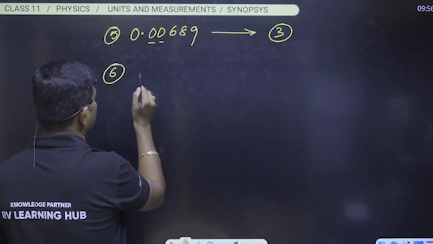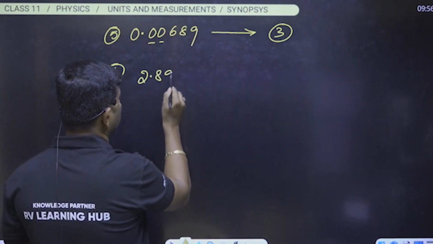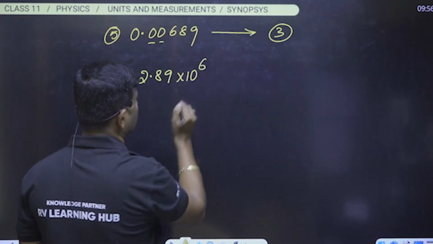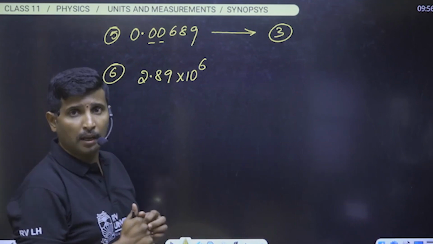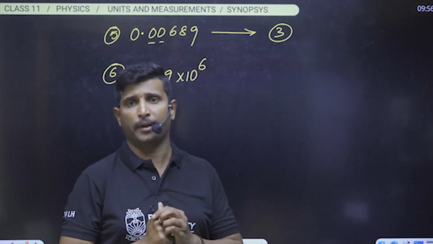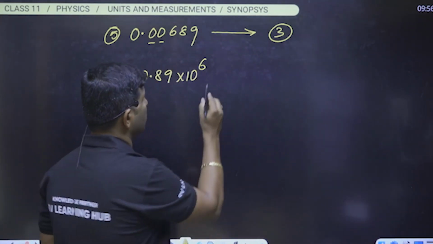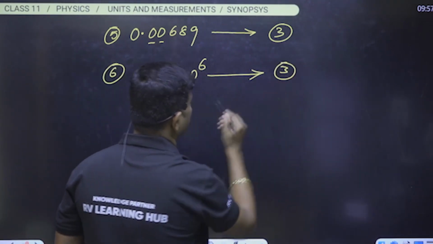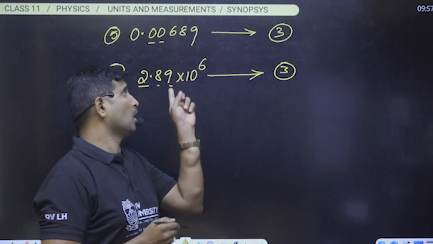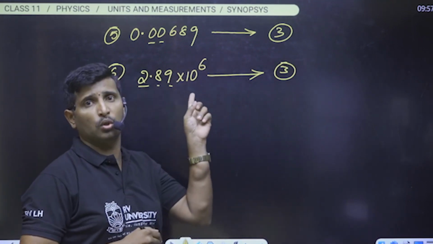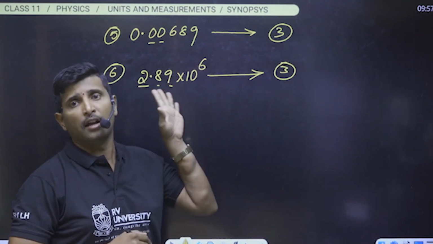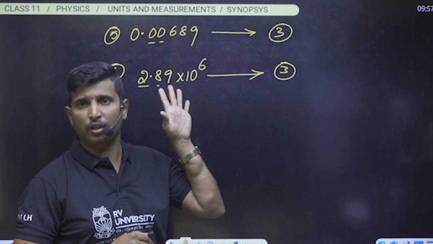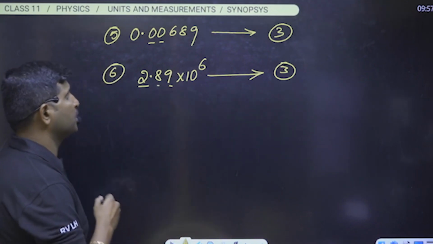Similarly, whenever we express 2.89 into 10 to the power of 6, a number in exponential form, there are only 3 significant figures, and we should not consider the zeros which are added by this exponential value. Is it clear? I hope you are understanding these points.